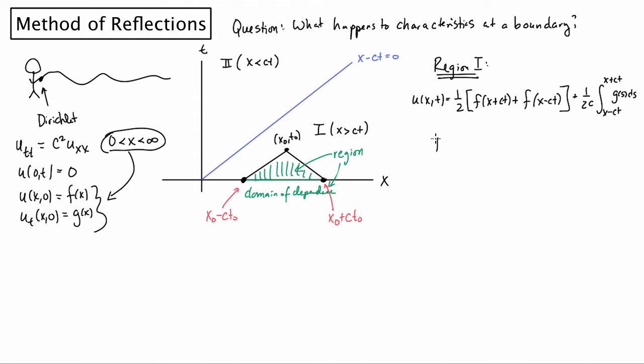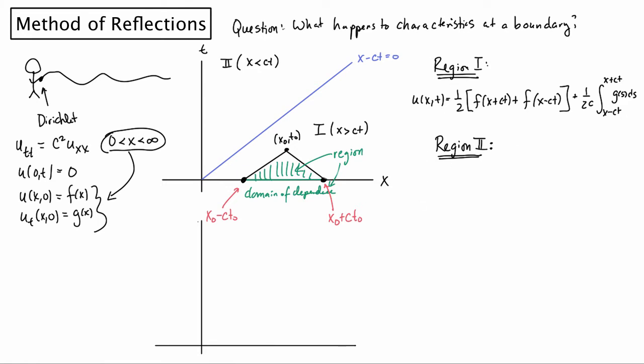So the question now is, what happens if we are in region 2? What should we use as our solution? In order to demonstrate this, I'm going to draw a different figure, directly below it here, and we'll do the graph for region 2.